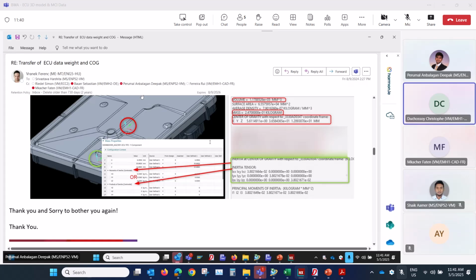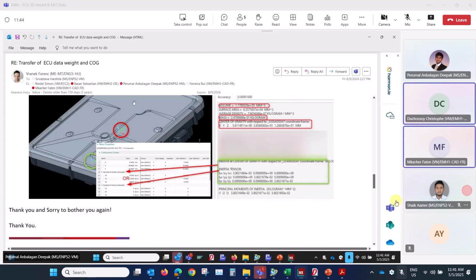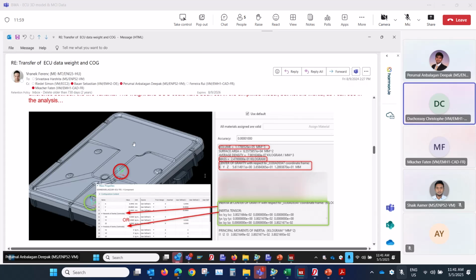And for us it's a little bit strange, but we are thinking that it's because it's the spherical element that they use to extract this information, and not the real geometry. It's just something that we imagine. We don't have the real information about that, but it's only what we are thinking.